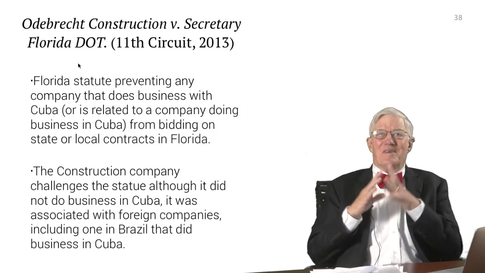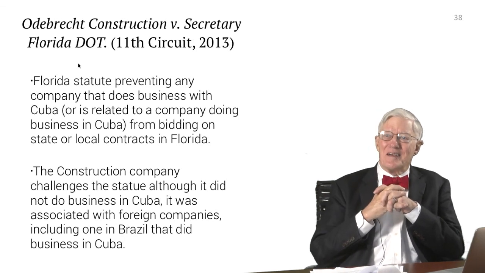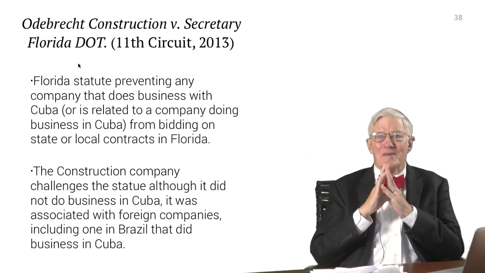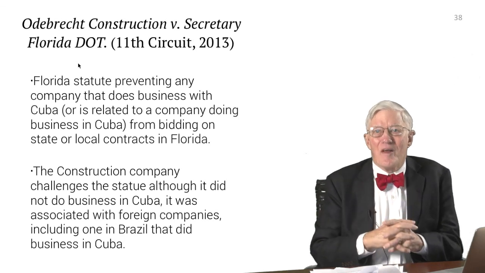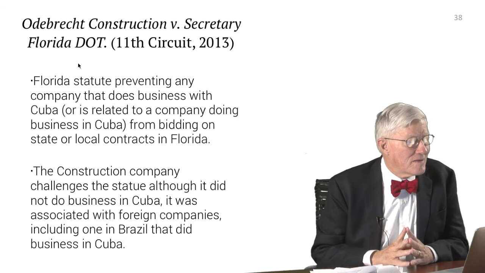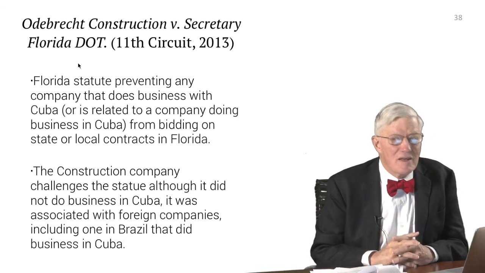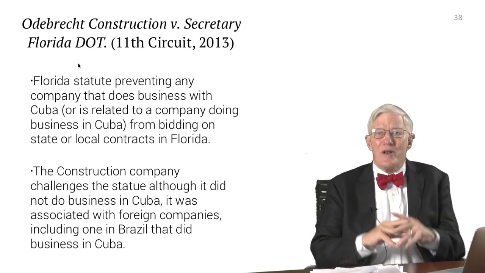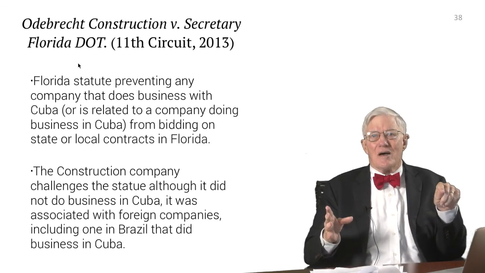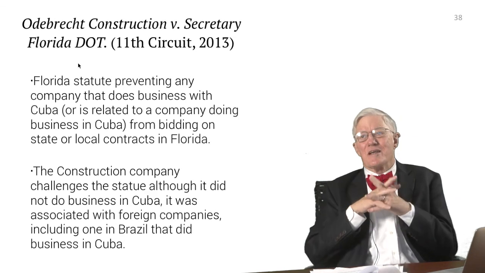I now want to move forward to a case somewhat more current, the decision in Odebrecht Construction versus Florida DOT, decided by the 11th Circuit in 2013. In Odebrecht, there was a Florida statute which prohibited any company that is doing business with Cuba from doing business with the state of Florida.